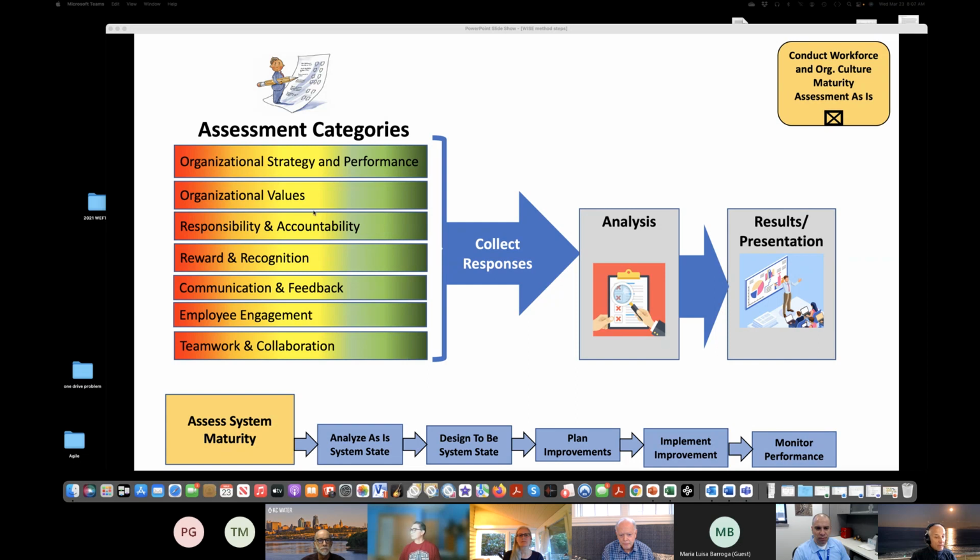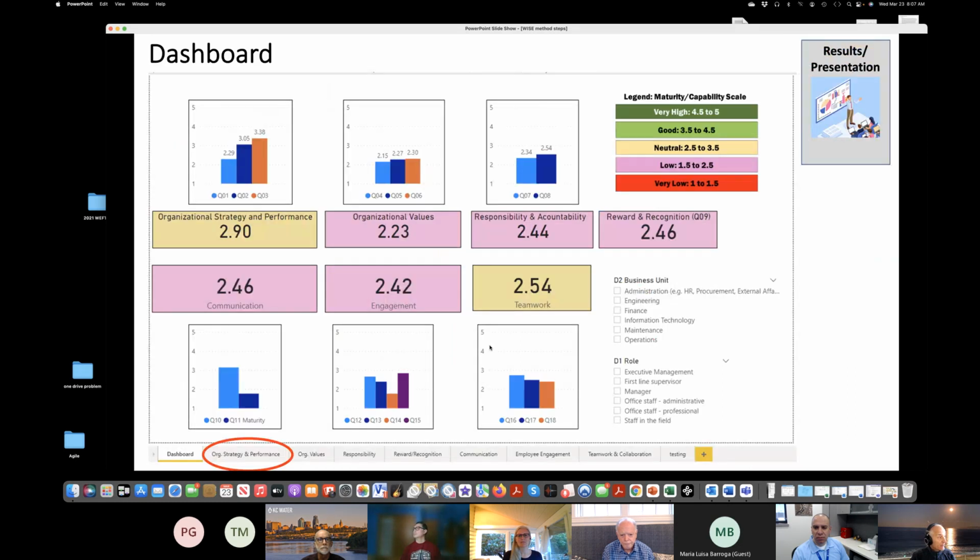So what we're doing currently on the people side is that we have an assessment tool that looks at, this one has 6 components: organizational strategy and performance, organizational values, responsibility, accountability, reward and recognition, and it would be applied to all the stakeholders. So we have that survey in place, and we have an analytical tool that then takes the results.